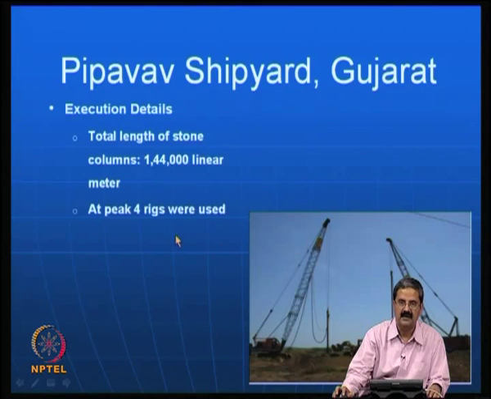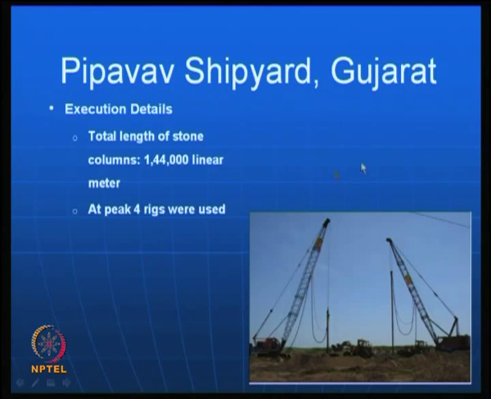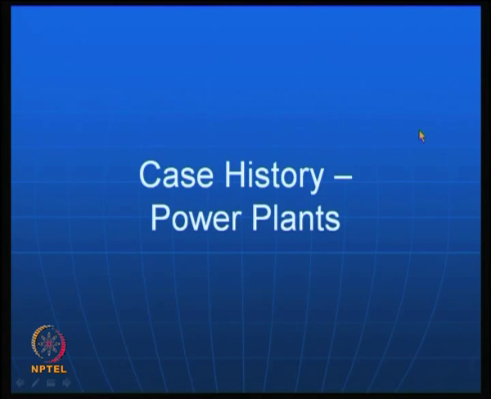It is not easy, and again here the total length of stone columns used is about 1,44,000 linear meters, 1.44 lakhs. At peak again they were using 4 rigs, with an installation period of 10 months, which is quite good.